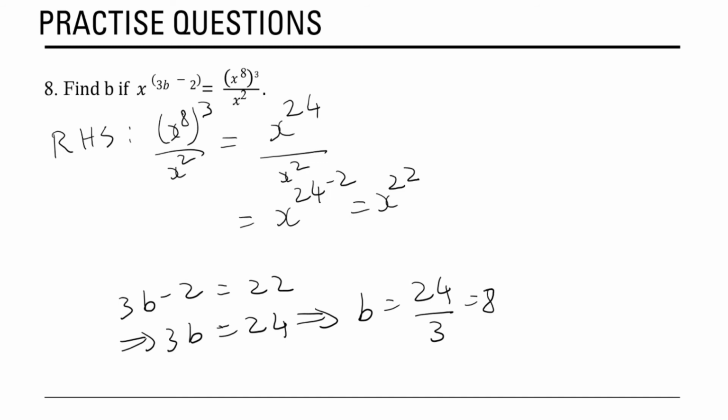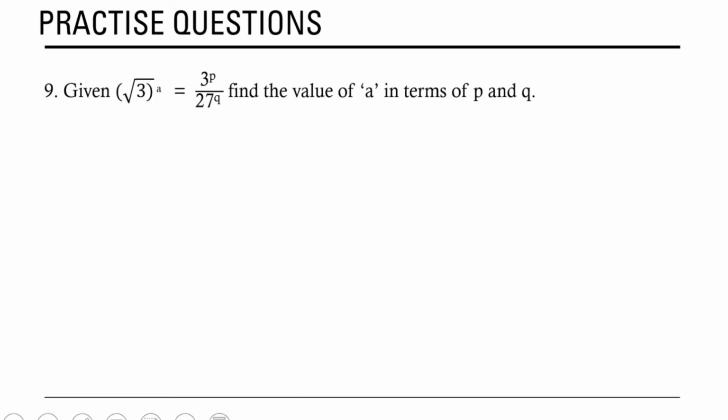So we got the value of b as 8. The next question, given square root of 3 the whole raised to a is equal to 3 raised to p by 27 raised to q. Find the value of a in terms of p and q.